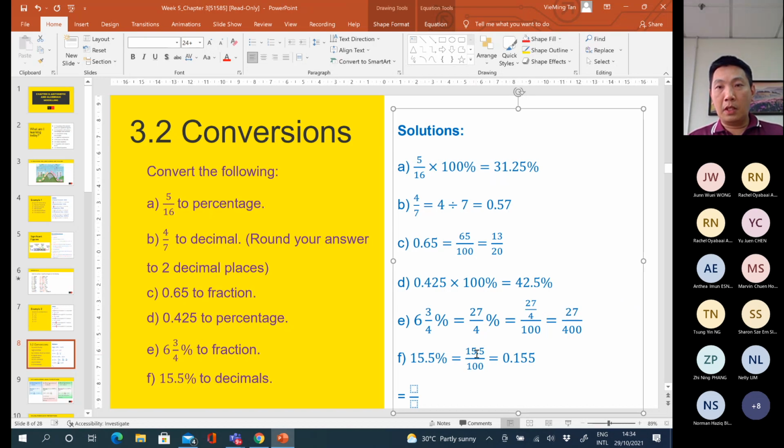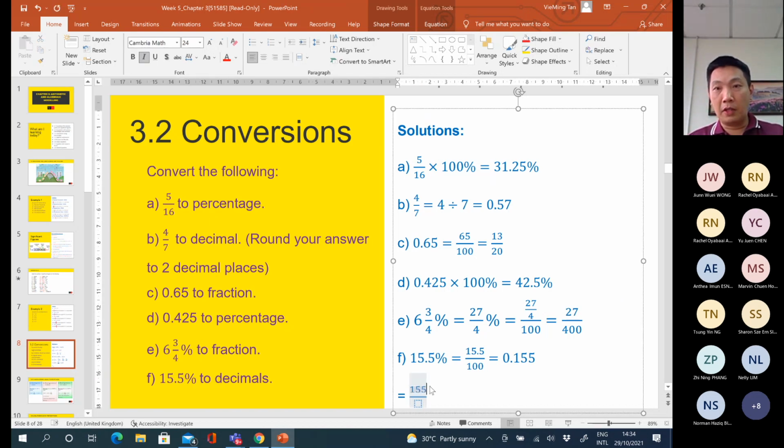If you move this decimal point one time to the right hand side, 155, then the denominator also has to put 0 at the back, becomes 1000. This last 0 is because if you move the decimal point one place to the right hand side, then your denominator has to put 0 at the back, right?